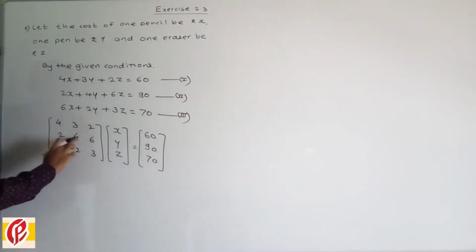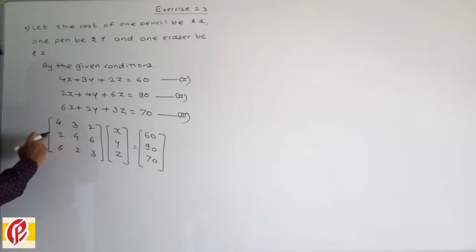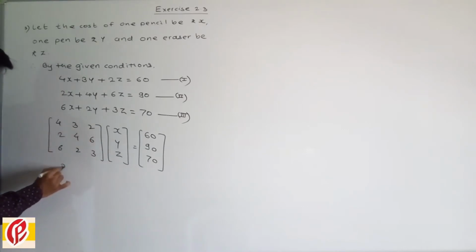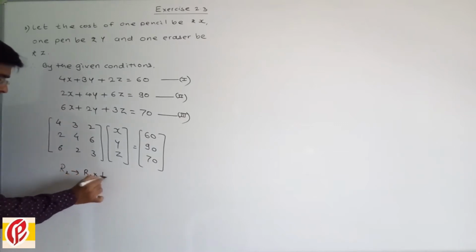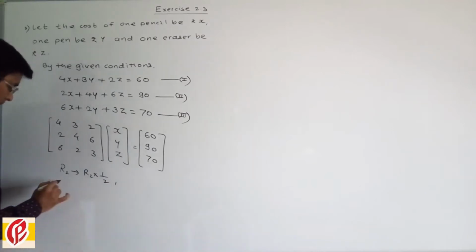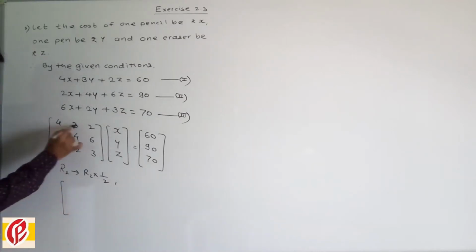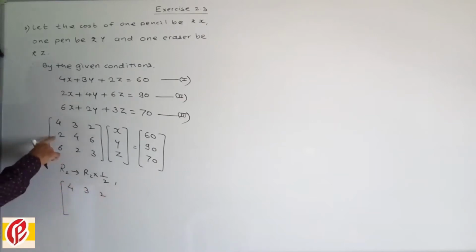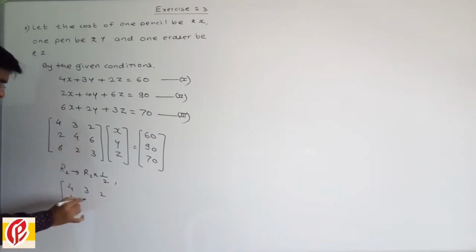So I will use this method. What should we do? Divide the second row by 2. So R2 changes to R2 divided by 2. The first row stays as it is, 4, 3, 2, and then we divide the elements of the second row by 2: 2 1s are 2, 2 2s are 4, 2 3s are 6.